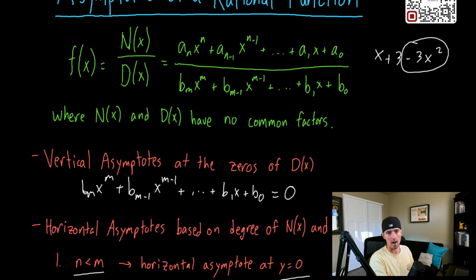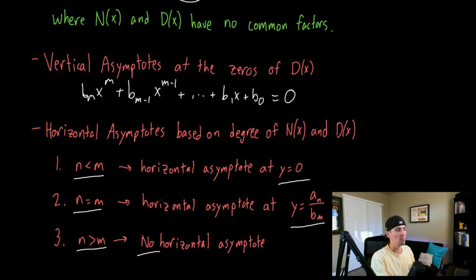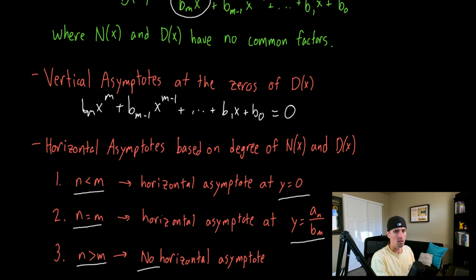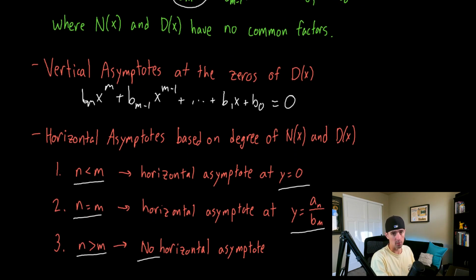You want to get your highest powered x term in your denominator. In this case, we just have b_m x to the m and a_n x to the n. But really, you're just taking your highest powered x term and comparing them to each other. The comparison you're going to make is very simply looking at the power of your highest powered x term from the top and the bottom of your fraction, seeing how they compare to each other.